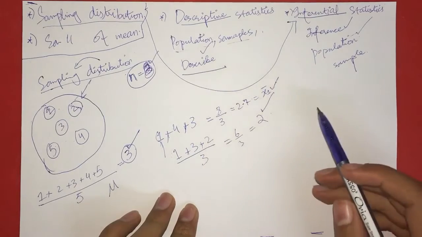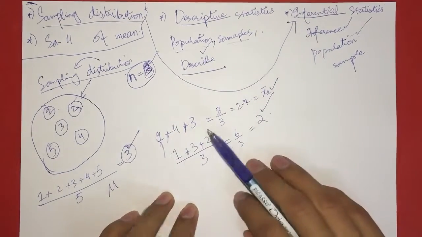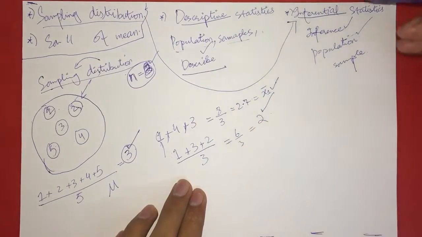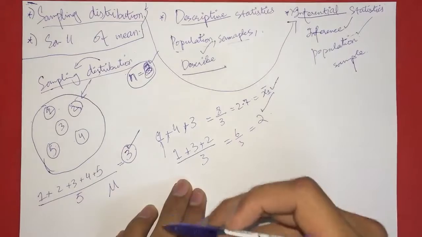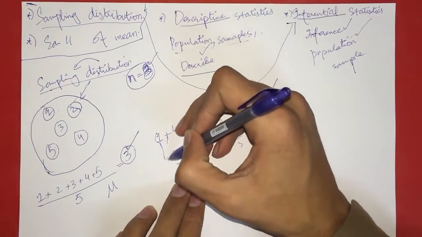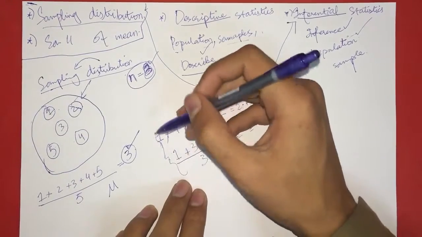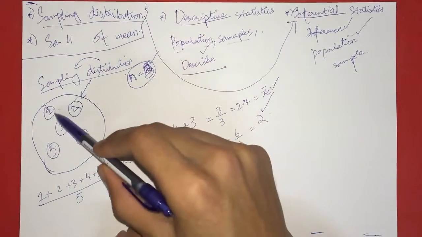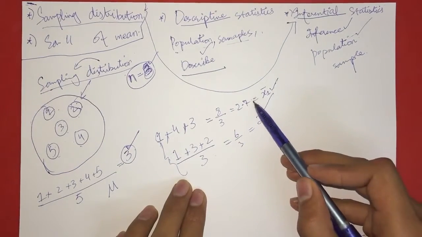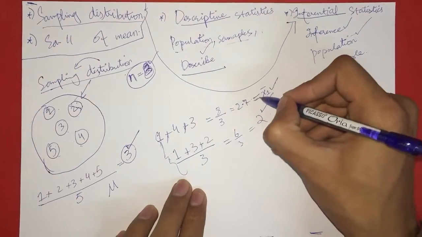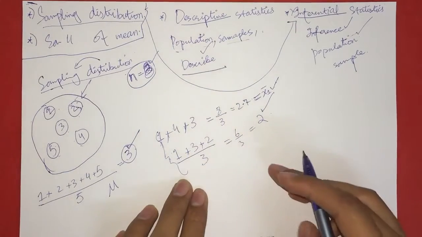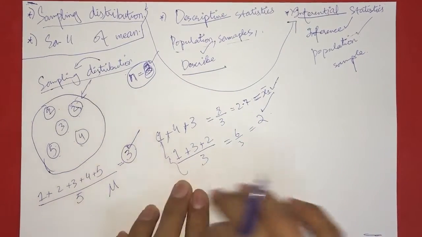The reason why it is related with inferential statistics is because you're taking out samples and you don't know, for example, what the population mean is, but you take out the samples, and based on those samples you find the sample means, and then you take the average of those sample means, and eventually you get pretty close to your population mean.